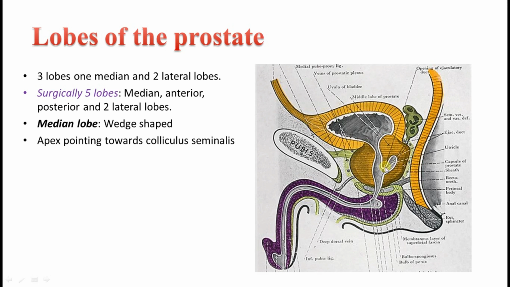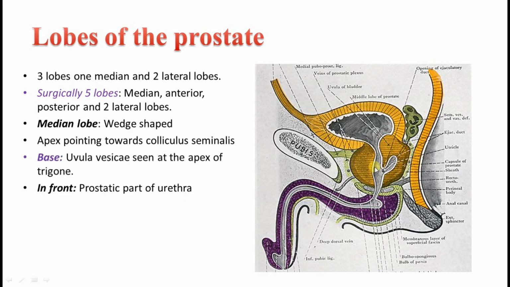The apex of the lobe points towards the colliculus seminalis, which is again a raised fold you can see on the posterior wall of the prostatic part of urethra.